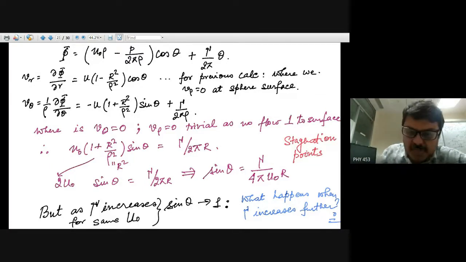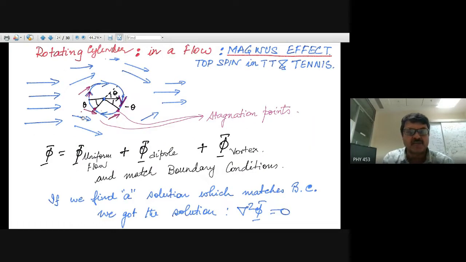But now suppose gamma was increasing, and gamma increased so much that its value was greater than 2 pi u0 r. So as gamma increases, for the same value of u0, sine theta is going to approach 1, and that corresponds to these 2 points moving closer together.